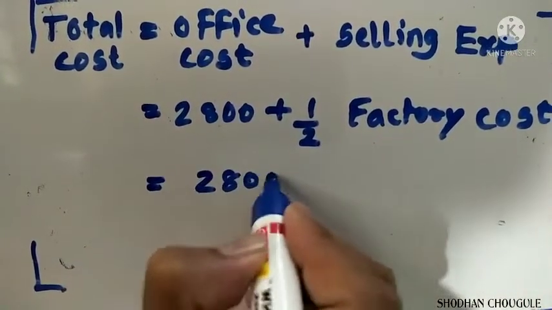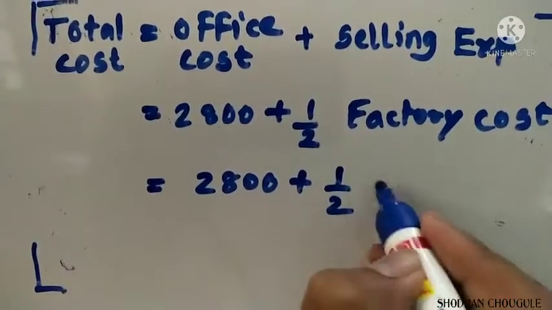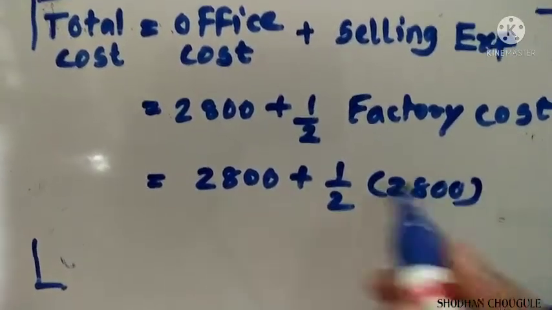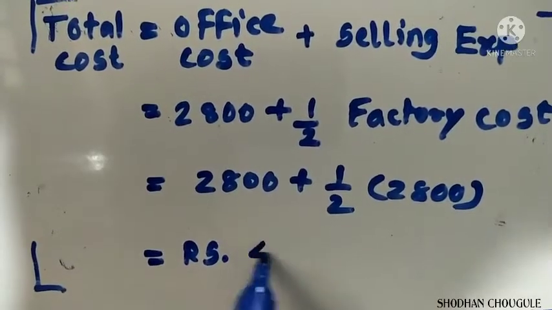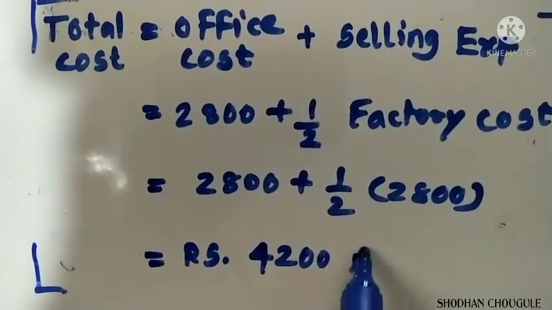Add here 2800 plus half of that 2800. So we will get the answer 4200 rupees.